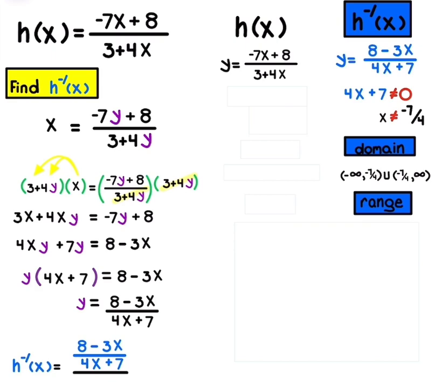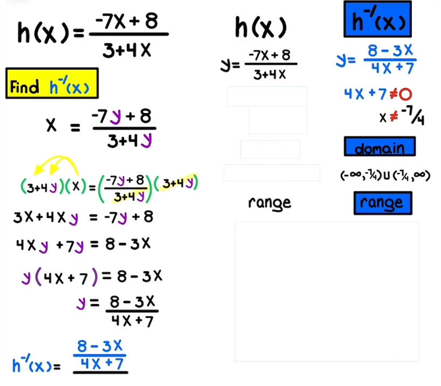Writing this in interval notation, we can use every number except for negative 7 over 4. So negative infinity until I get to negative 7 over 4, parenthesis to leave it out, union, parenthesis to leave out the negative 7 over 4, pick back up right after that and go forever to the right through infinity.